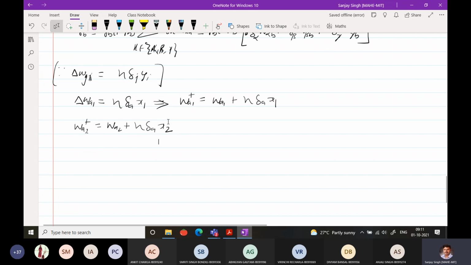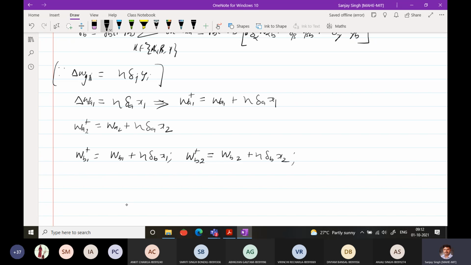And for the other neuron, that is B, we'll write WB1 plus equal to WB1 plus eta times delta B X1, and WB2 equal to WB2 plus eta times delta B X2. This completes the entire update.